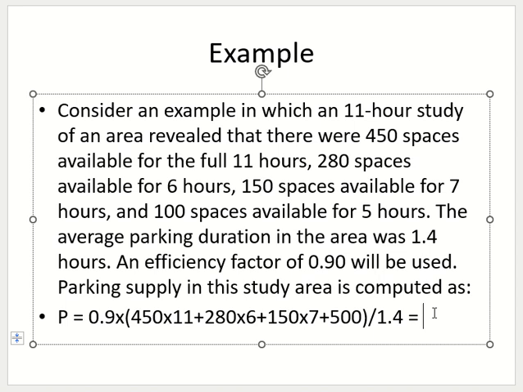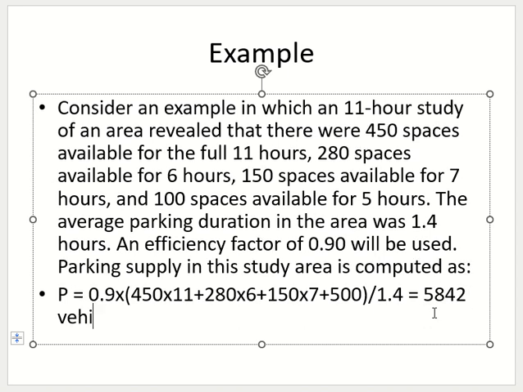So this space can be used by 5,842 vehicles. This area can be used in this 11-hour period by 5,842 vehicles with an efficiency of 90%.